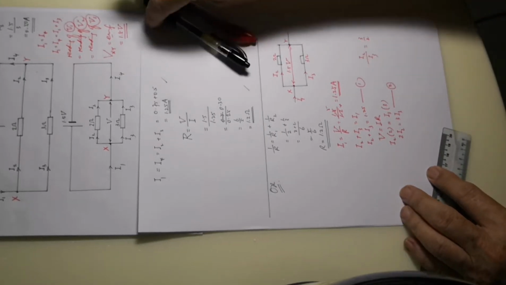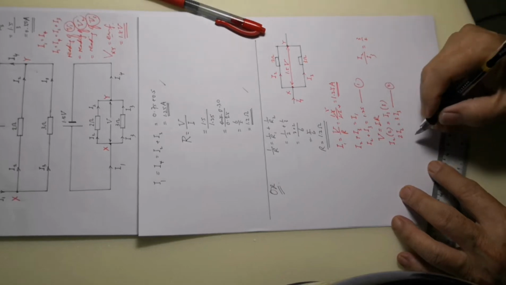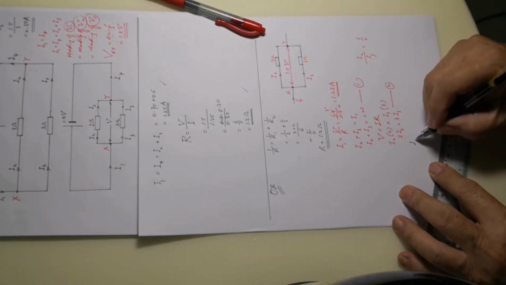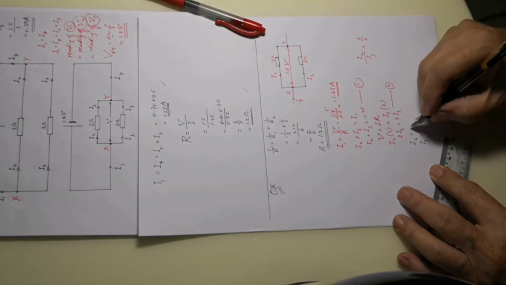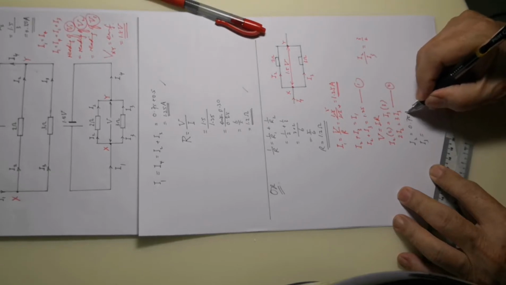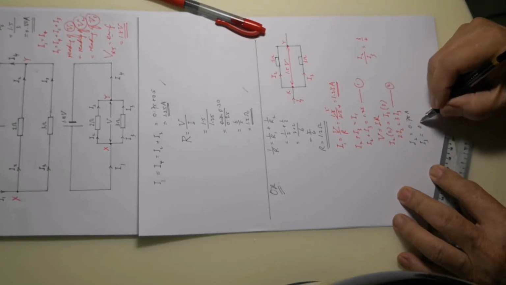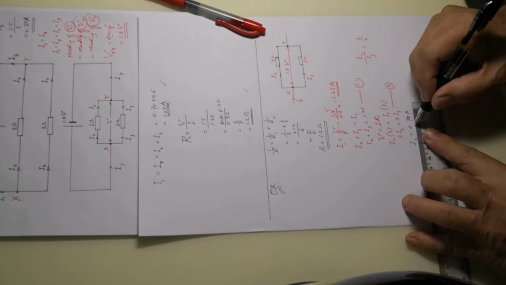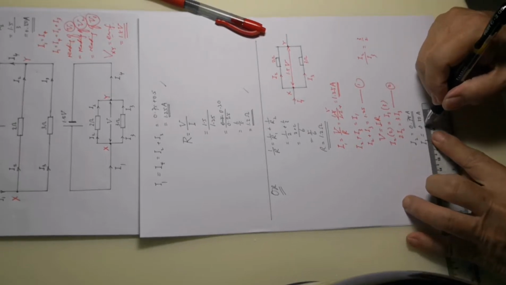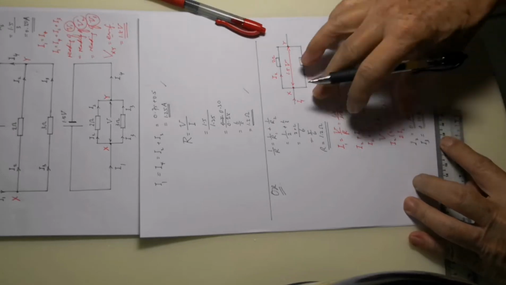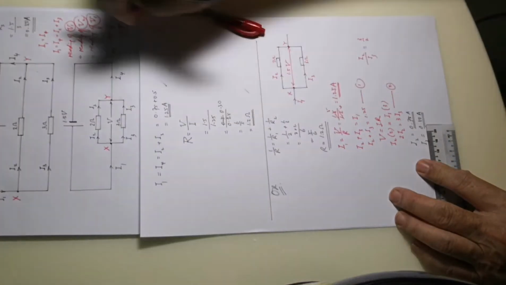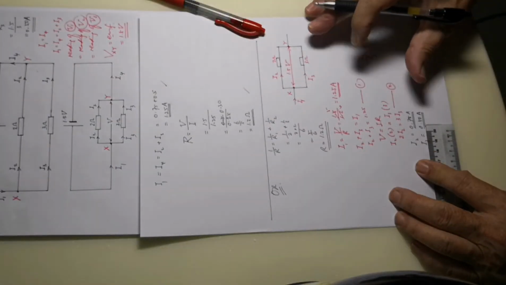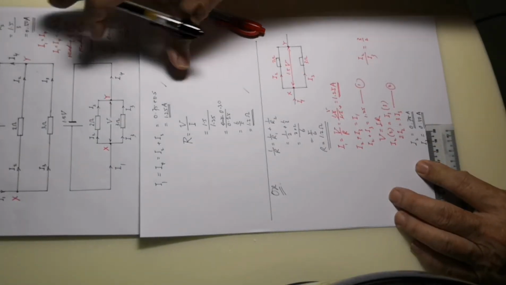So solving 1 and 2, I'll leave that as an exercise. You would come back to the same thing, which is I2 equals 0.75 ampere and I3 equals 0.50 ampere. It is particularly important for A-level and STPM students to be able to appreciate both methods, especially method number 1.